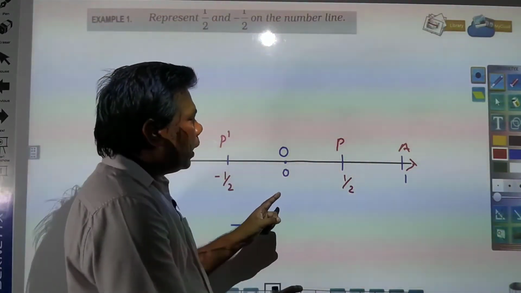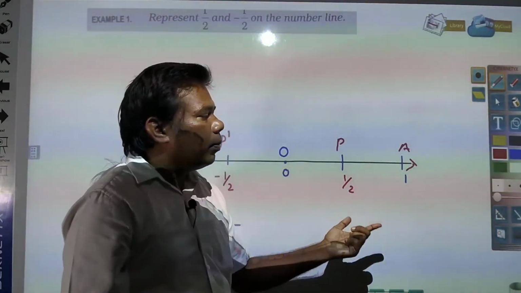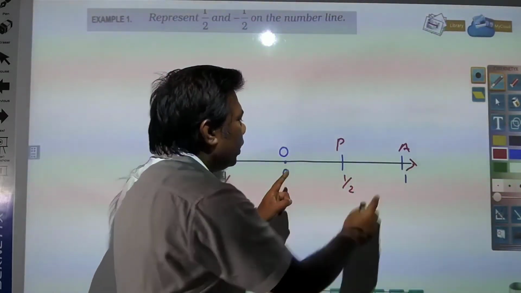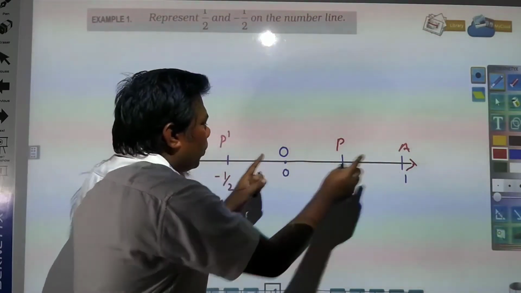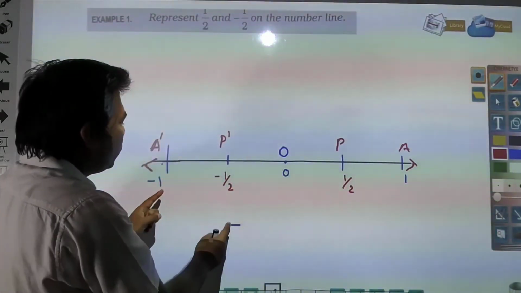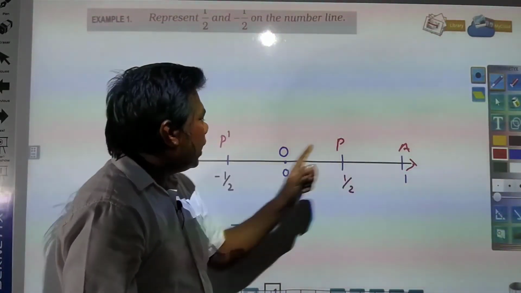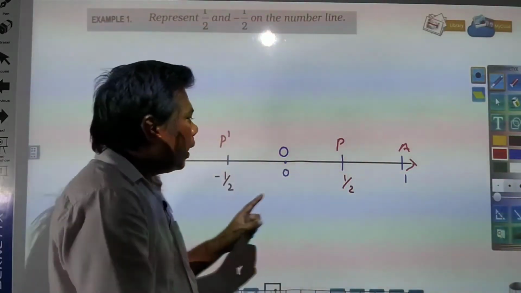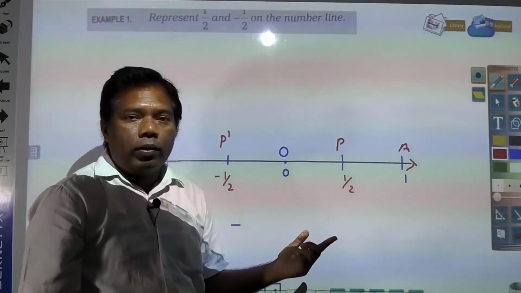Now we need to take one unit with the help of ruler and compass. One unit you have taken, suppose this is 1, and the same length 1 unit we will take on the left side also. Name them A and A dash. So OA is 1 unit, and OA dash is also 1 unit.